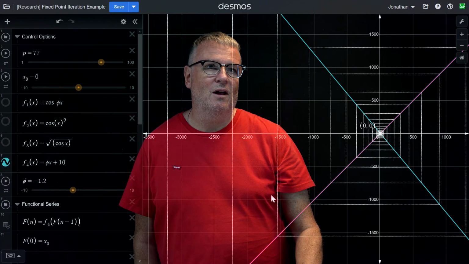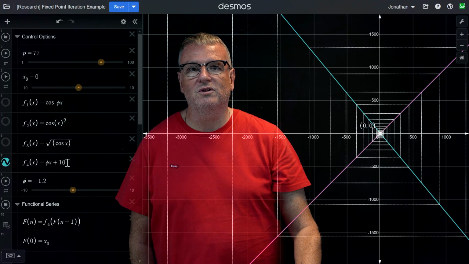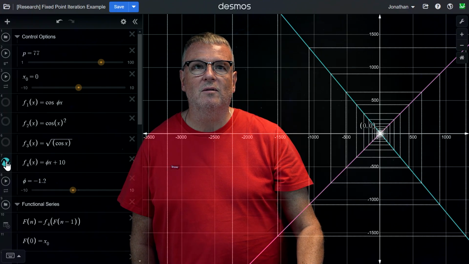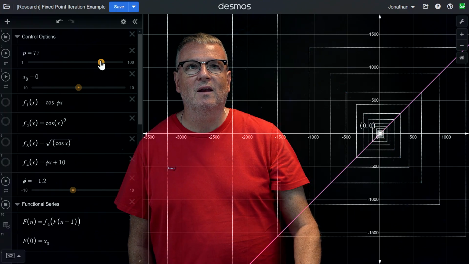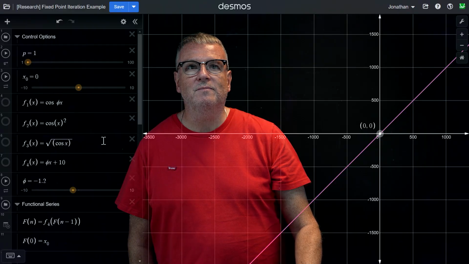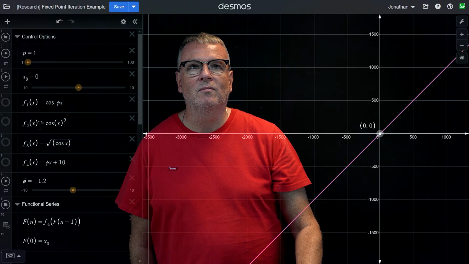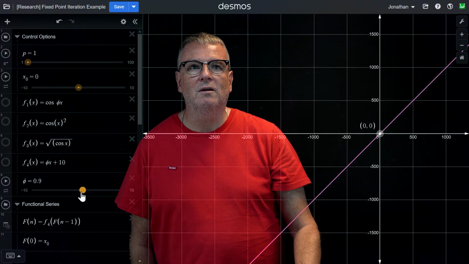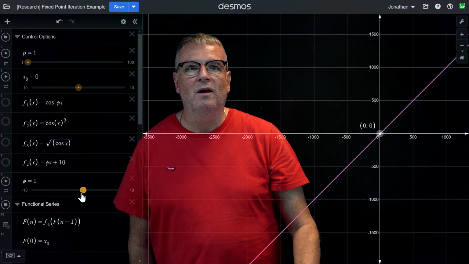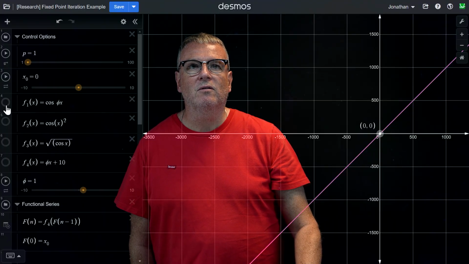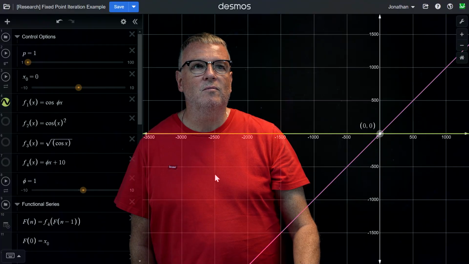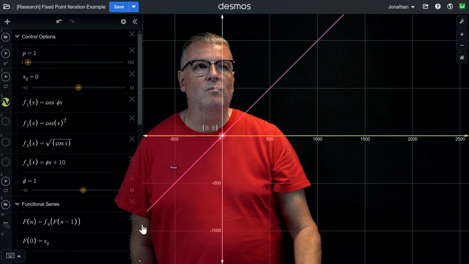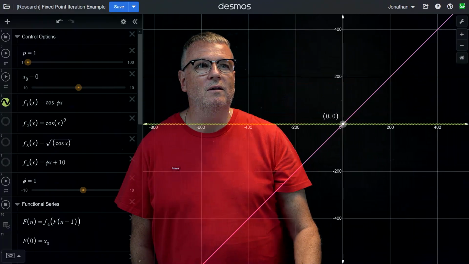My final illustration that I wanted to show you was, I'll hide that, we'll clear that, and I wanted really to come back to my original cosine, and as you saw at the beginning, so there's my cosine, we can't see the wiggly line.